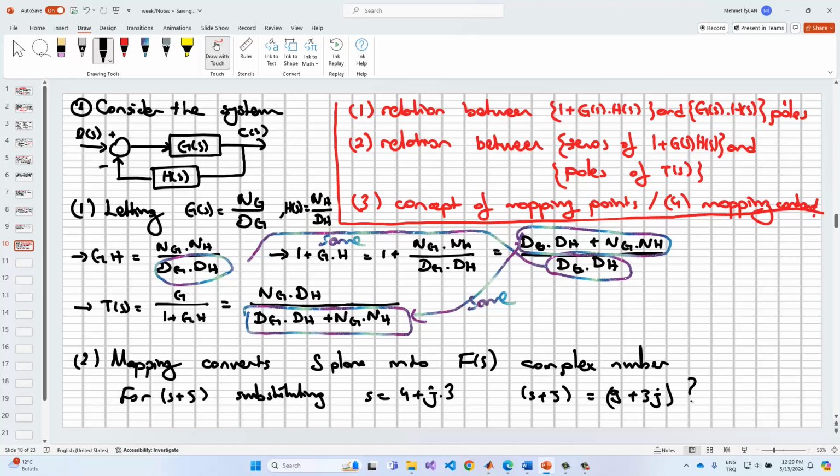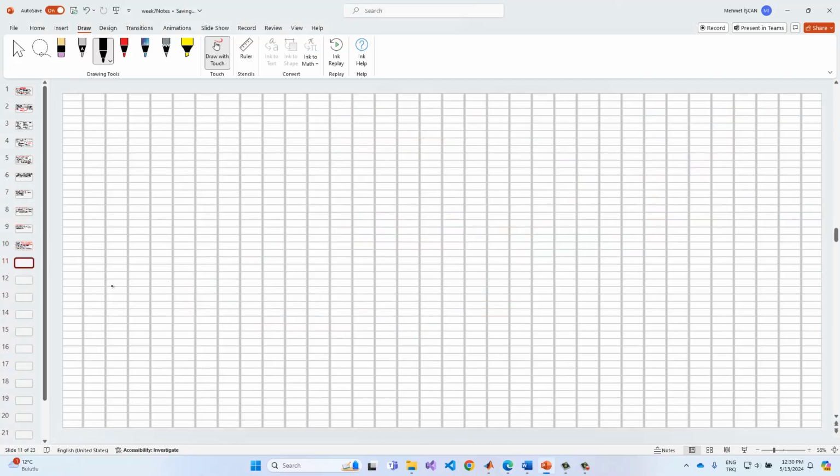Okay, this is the mapping. And in the root locus we always use this mapping, because if we locate any poles in here, we can locate everything in here. And so how can we use this property in here?